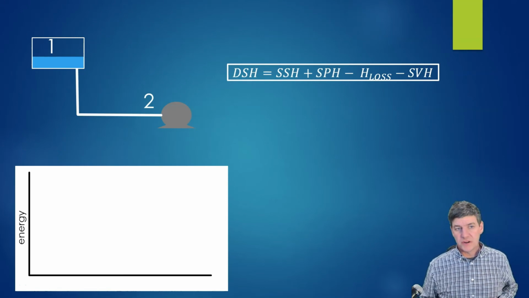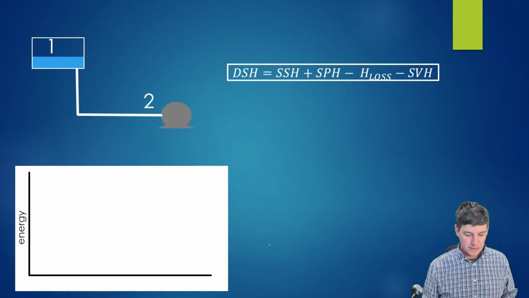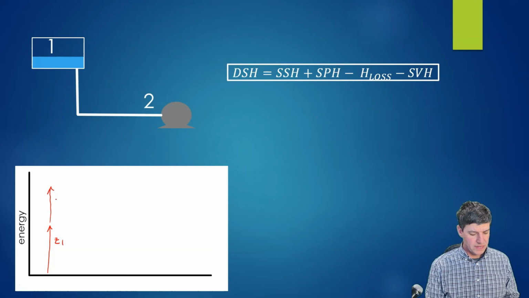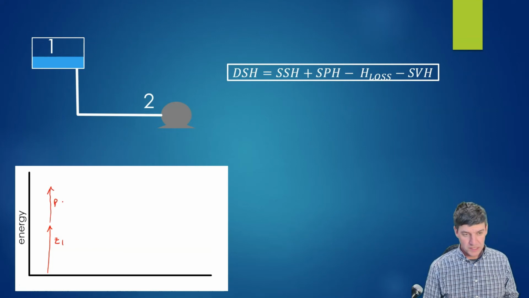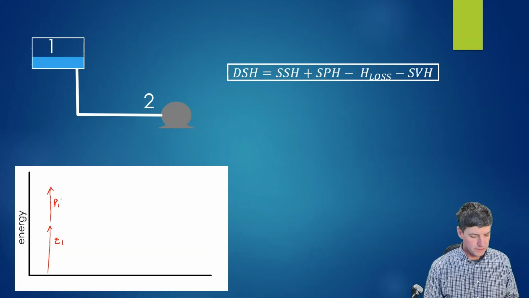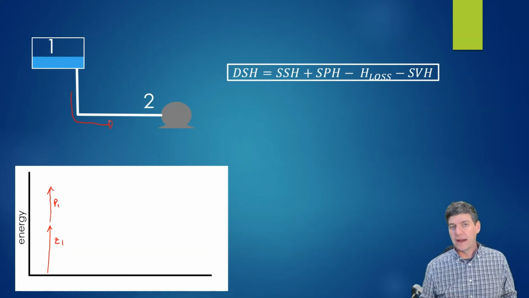So if we start at number 1, what number 1 has is some Z value and we have some pressure in that tank. Okay? We have no velocity. It's going to be a still surface. And then if we move our way to number 2, because we have flow that moves through this pipe, we're going to have friction.